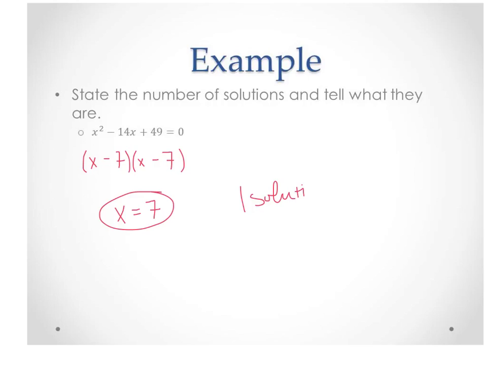It's actually a repeated solution. So there are 2, but they're both 7. Really we have one solution, and that solution is 7. Remember back to chapter 5 and all the ways you can solve a quadratic. Since this is a quadratic, those all still apply.